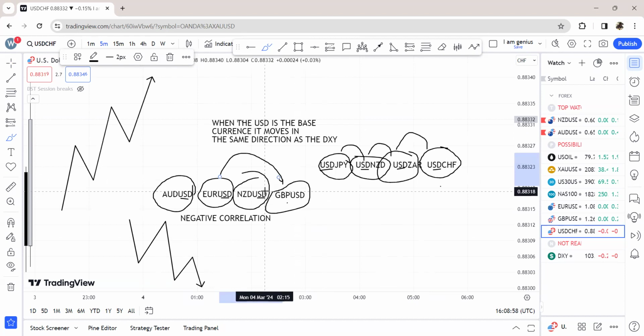Now, what really matters is the strength of that correlation. Remember, correlation can be termed as very strong or high, medium, and low. So for some, it's very low. But the ones which have the highest correlation, we have Euro USD and GBP USD.